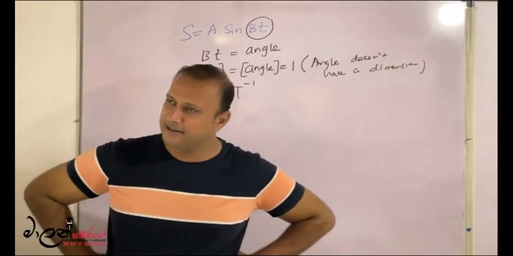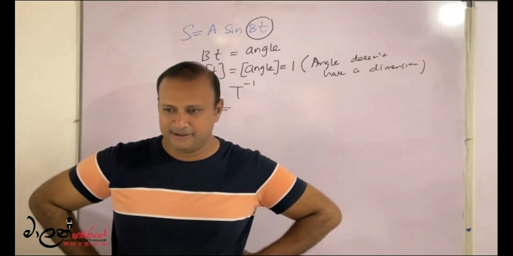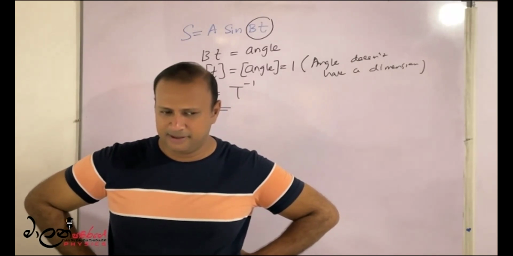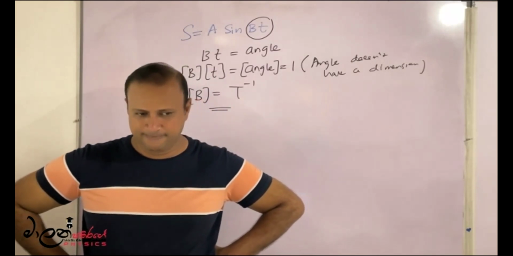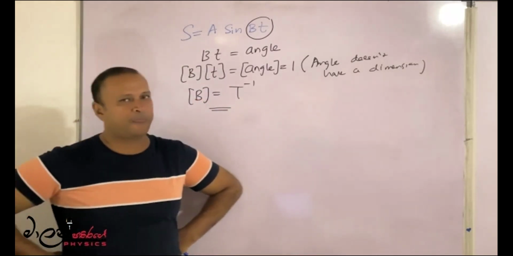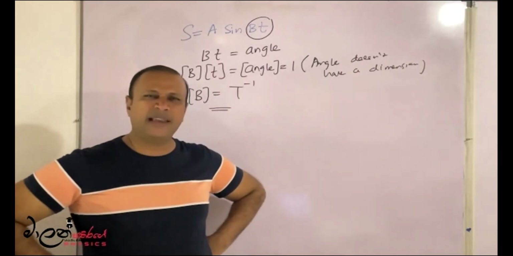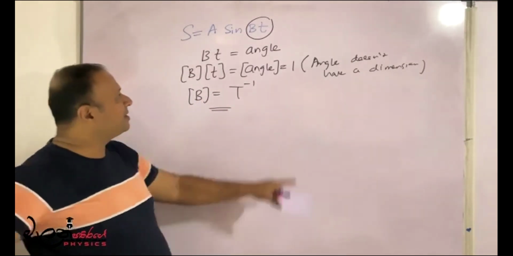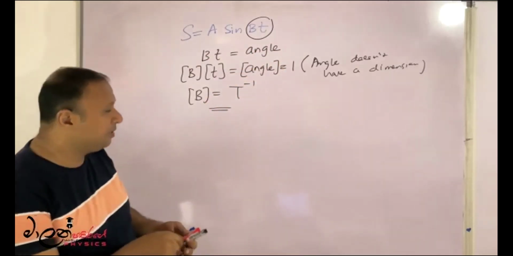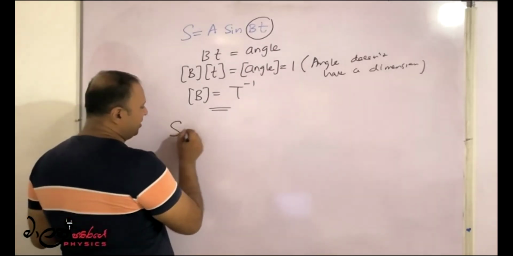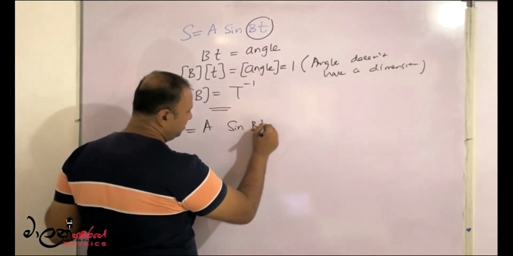Because sine BT is a trig function with an angle and it doesn't have any dimension, therefore the dimension of A is equal to the dimension of S. Now, actually, we don't want to consider the angle. Because sine BT is a trigonometric function, S is equal to A sine BT.